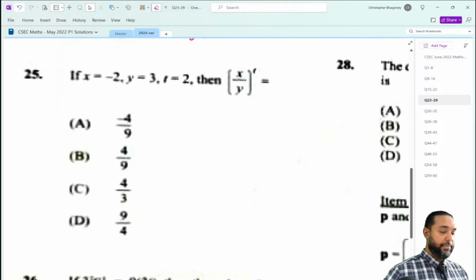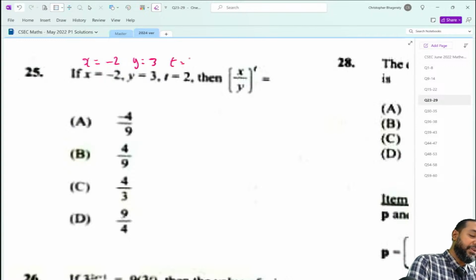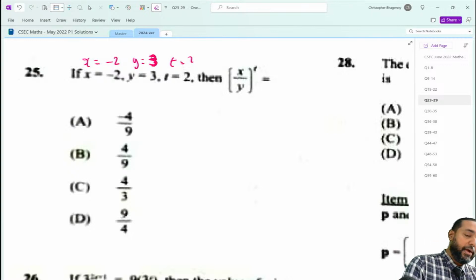Let me rewrite this one so it's a little easier to do. We have x is minus 2, y is 3, and t is equal to 2. Hey, Ariana, how you doing? And what I want is x over y, then raised to the power t.